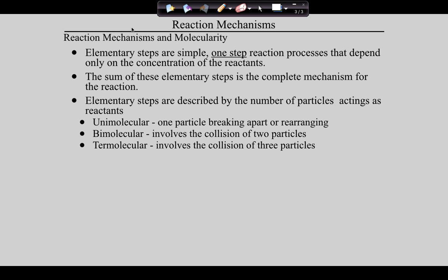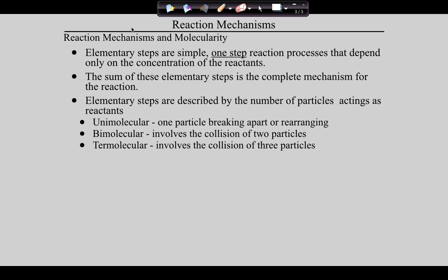Okay, here's the deal, guys. And understand, well, let's back up. So guys, check this out. In order for a reaction to happen, what does there have to be? Collisions. So here we go. Unimolecular, okay? One particle. How can a unimolecular reaction take place if there's nothing for it to collide with?